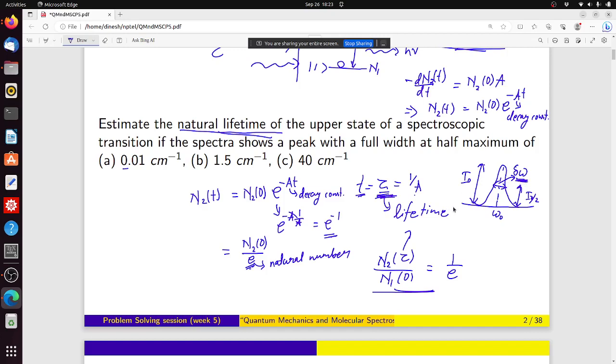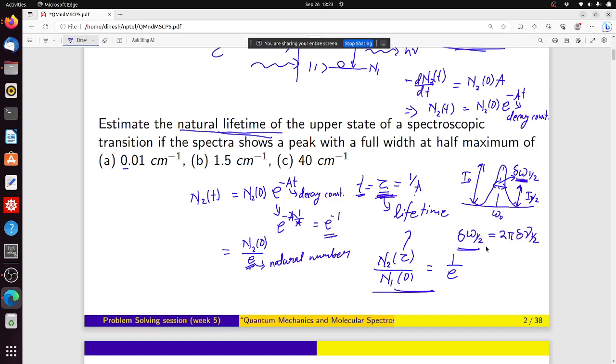Okay, so in the last class we learnt about this line width. The notation was delta omega half, when it is defined at the half intensity position. This is equal to 2 pi delta nu half.